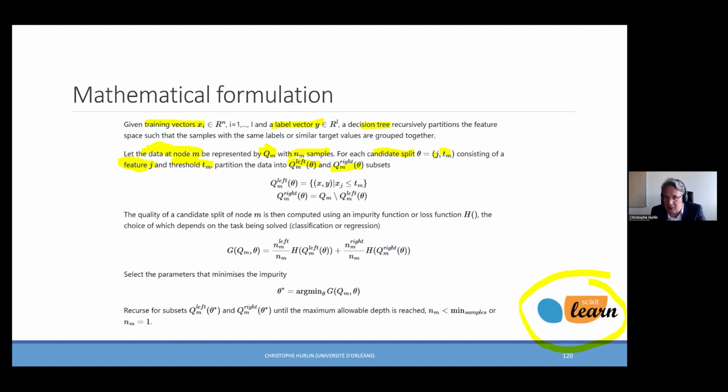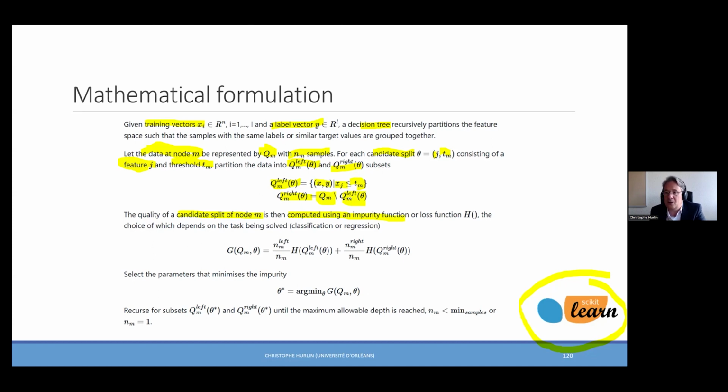What is the definition mathematically? QM left, this is a child node on the left, where I have all the observations X, Y for which XG is smaller than the threshold TM. And QM right is the parent node QM less all the observations that belong to the left node. The quality of a candidate split of node M is then computed using an impurity function.